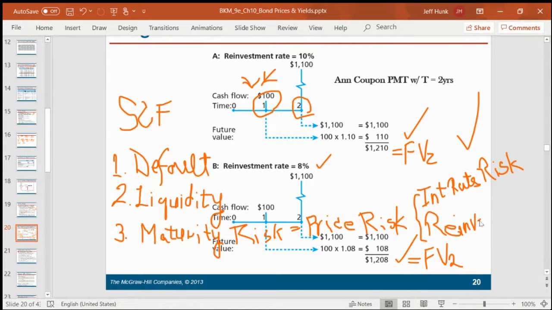Especially if your bond was already paying very small interest, like 1% a year. So for $1,000, you just get $10 a year, and then this $10 will be reinvested at an even much lower rate if rates go down, right?